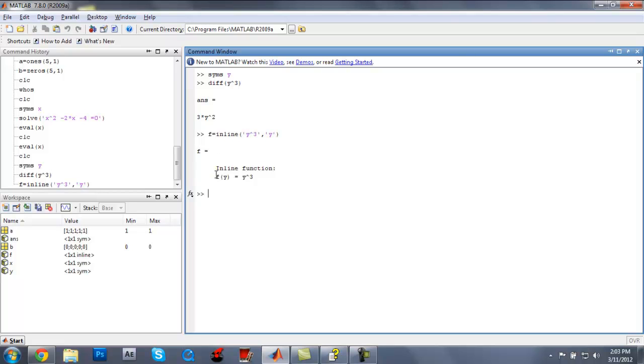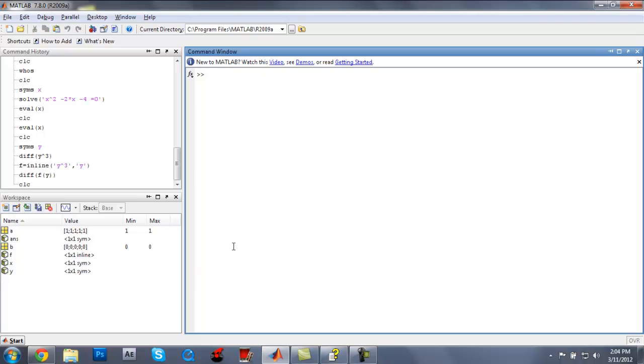The function is defined as f is equal to y to the power 3. So we can just use diff here, diff in brackets, and we are using the function of y, hit enter. It gives us the differentiation 3 into y to the power 2.